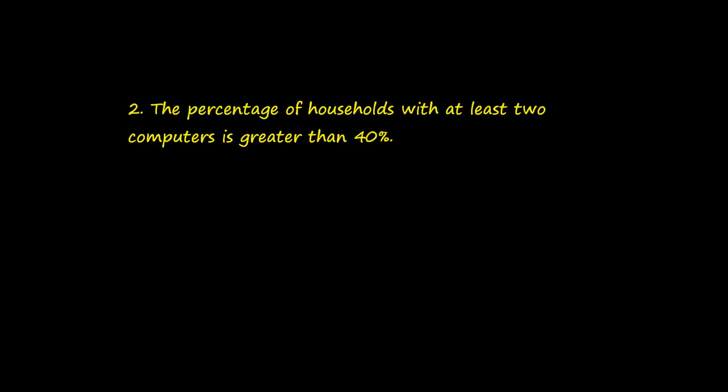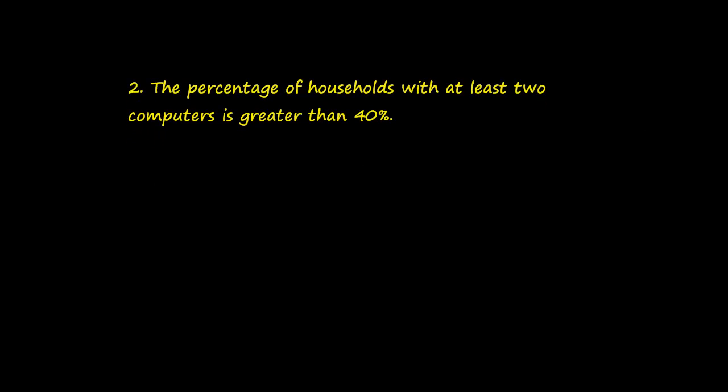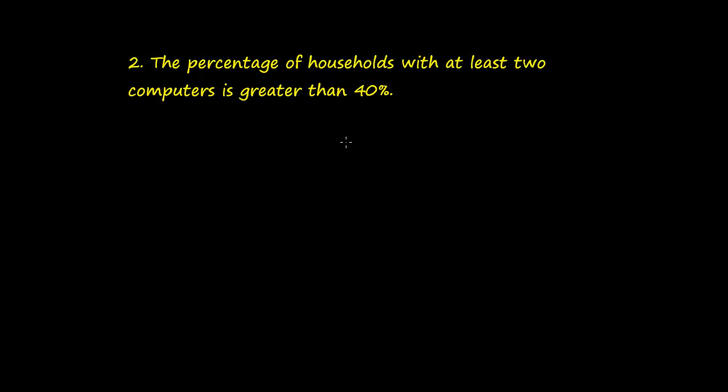Okay, let's look at a second example. Here's our claim. The percentage of households with at least 2 computers is greater than 40%. So the original claim is that P is greater than 0.40.